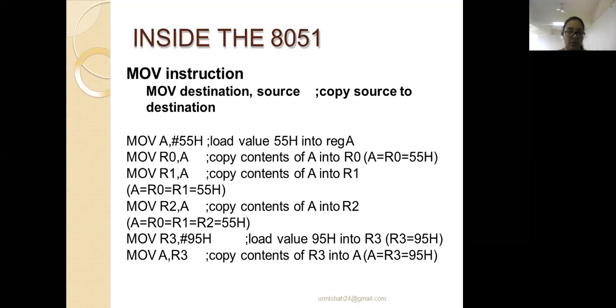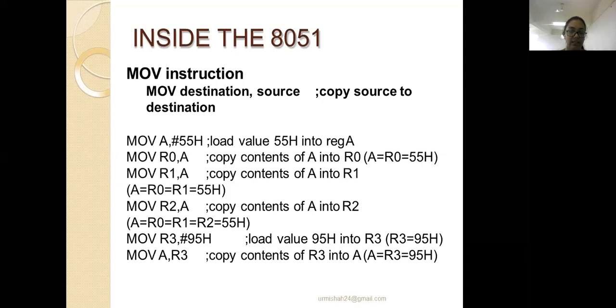The syntax for this instruction will be MOV destination register, comma, source register. So first, once you are writing the MOV mnemonic, then you will mention the destination register where, after movement, you are going to save your data.